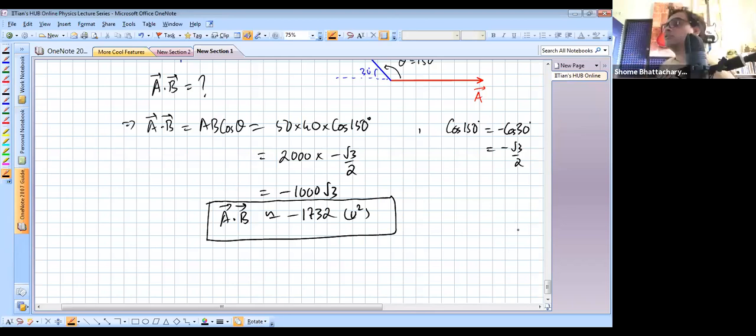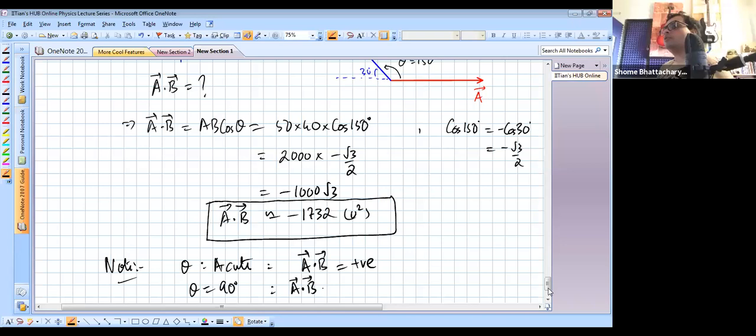Okay. So this also shows us something interesting about the dot product, that the scalar product of two vectors can also be 0.